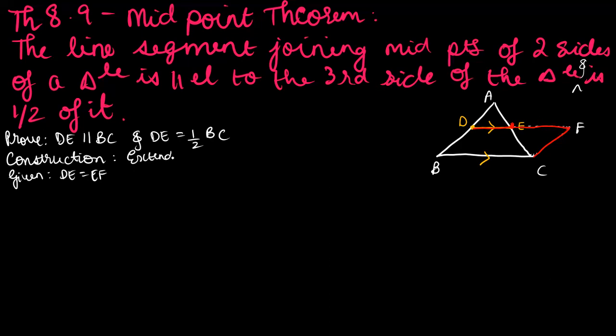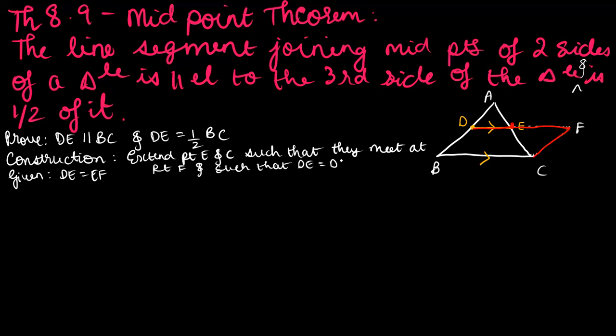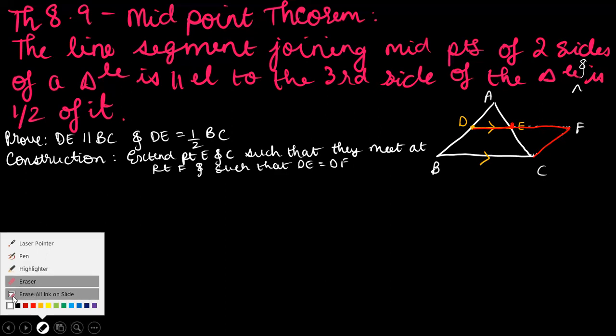Extend points E and C such that they meet at point F and such that DE is equal to EF. Okay, now let me just write this given below here.